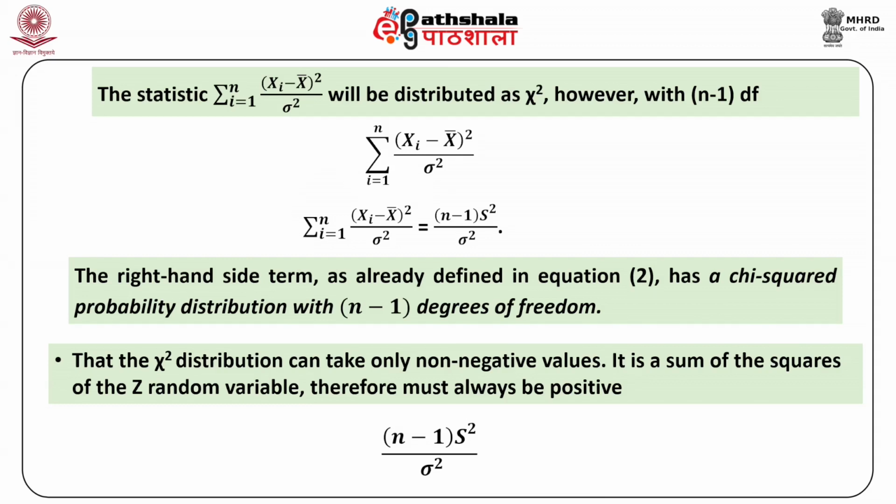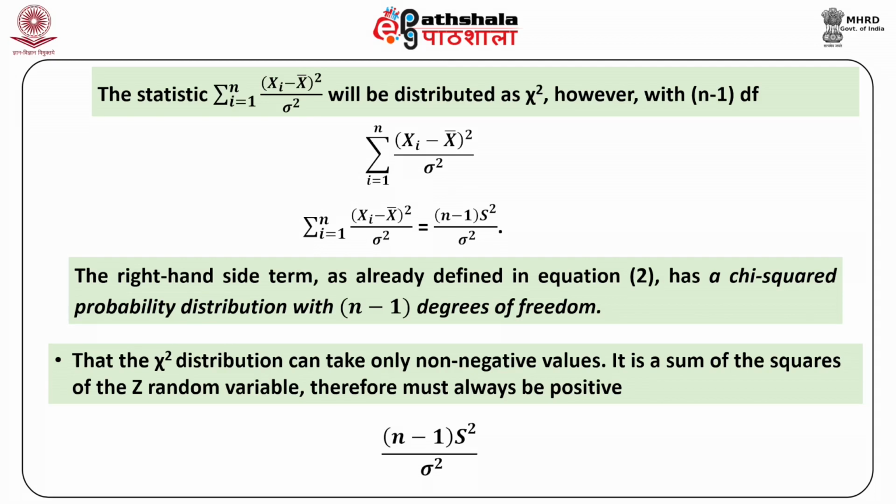Further, if we work on the statistic sigma (xi minus x bar) square upon sigma square, we can easily show that this summation is equal to (n minus 1) s square upon sigma square, as we tried to put it earlier.